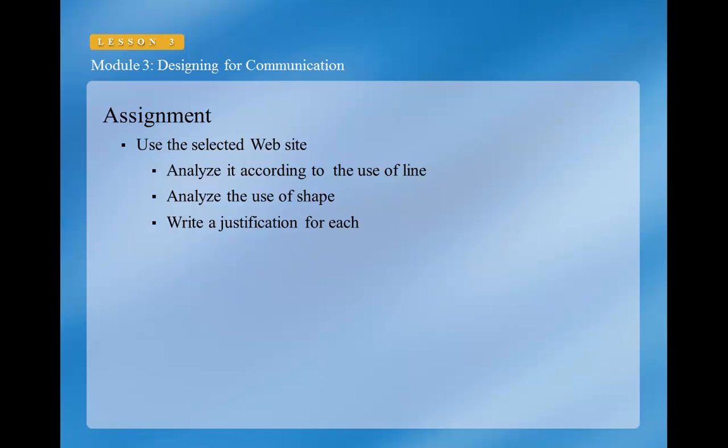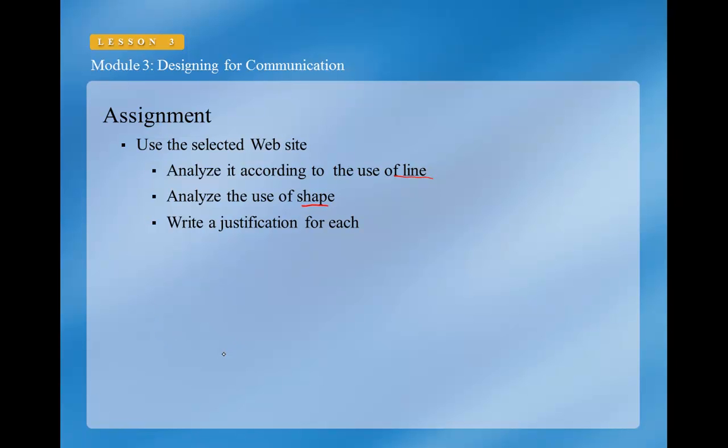Alright, so go to your website and analyze how they use line and how they use shape, and you're going to write a paragraph on line and a different paragraph on shape. Maybe your site doesn't use shape, and you could write how it could be better used and how they could incorporate shapes. Maybe they use a lot of shapes.